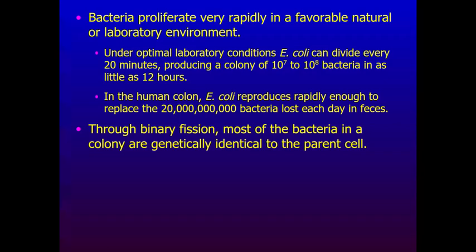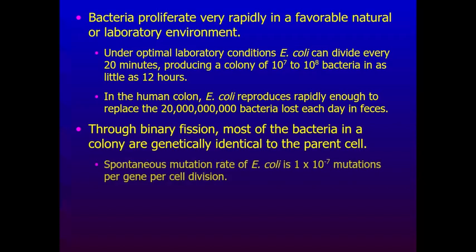So when you sample bacteria, you'll take your little inoculating loop, you'll scrape a colony off, and there may be hundreds of thousands, if not millions, of bacteria in that little scrape, and they're all genetically pretty much identical. However, the spontaneous mutation rate of E. coli is 1 times 10 to the minus 7th mutations per gene per cell division. There are 4,300 genes, so the chance of a mutation occurring in any gene is really low, right?